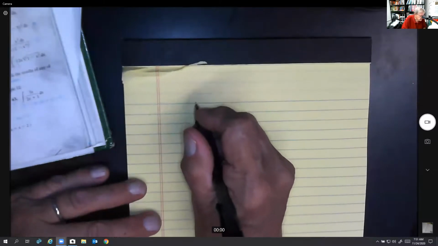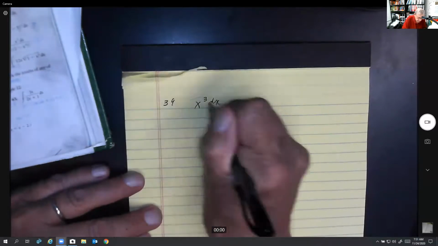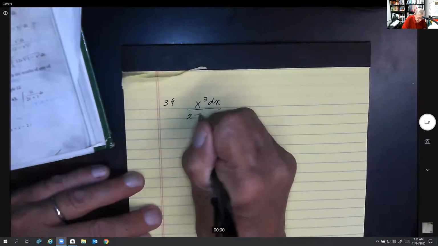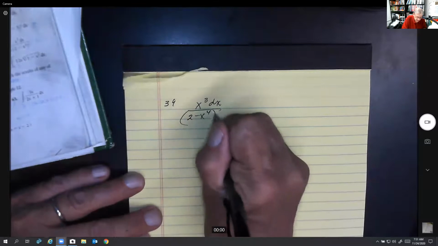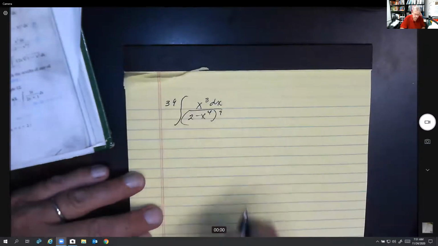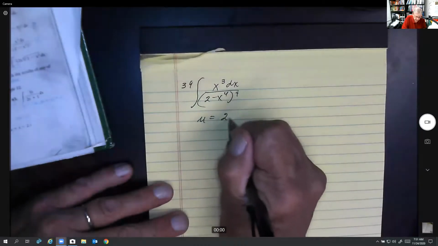Let's say we had this problem right here. The integral of x cubed dx, this is number 39, over 2 minus x to the 4th, raised to the 7th. So I'm going to let u equal that 2 minus x to the 4th.